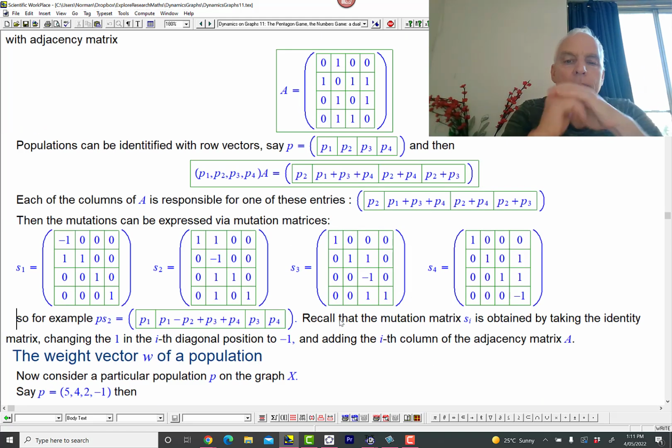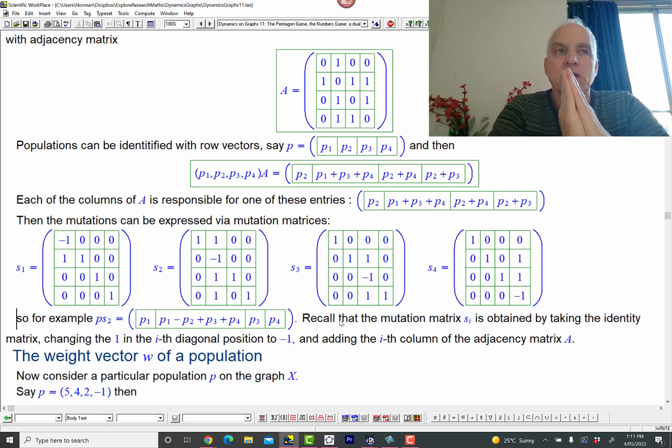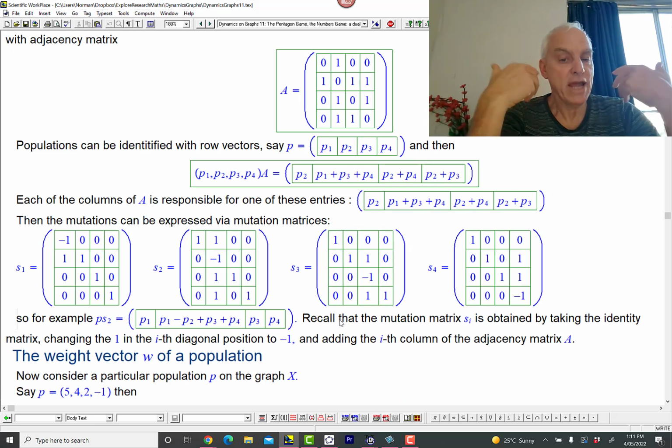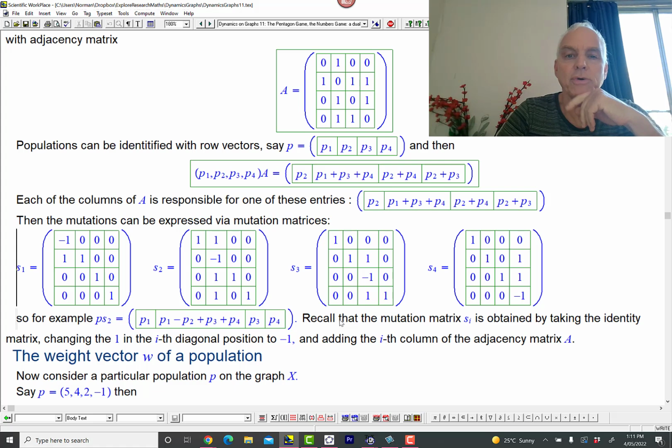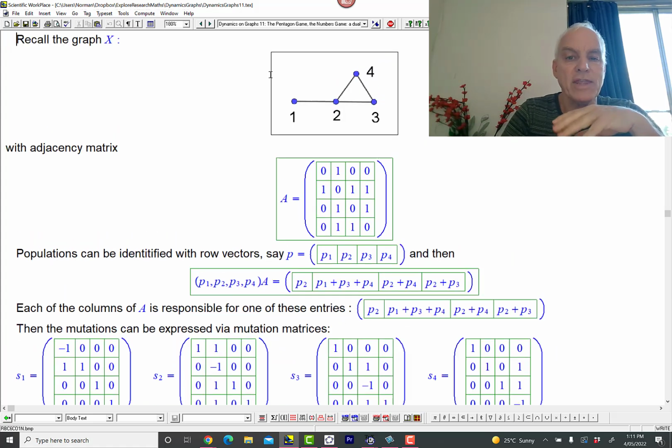Okay, great. Now, corresponding to this graph, there are mutations. These mutations, I remind you, act on populations. They change a population. So if you mutate a population at, say, the vertex 2, then something is going to happen at 2. Let me remind you what happens.